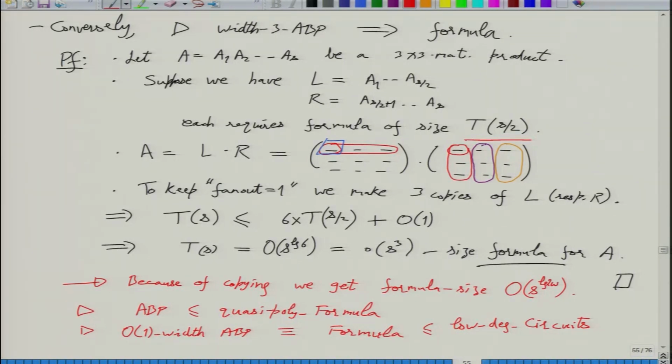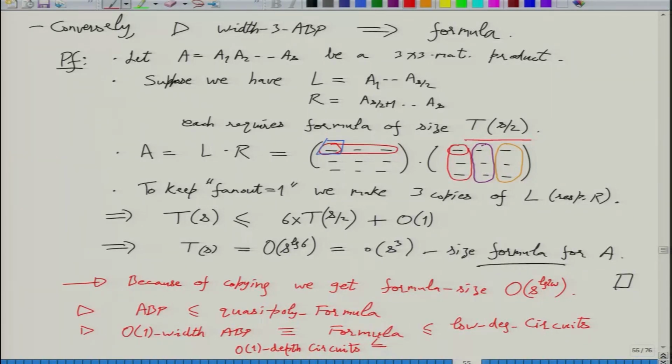But one type of circuits are actually subsumed by formulas, which is constant depth circuits. Why is that?